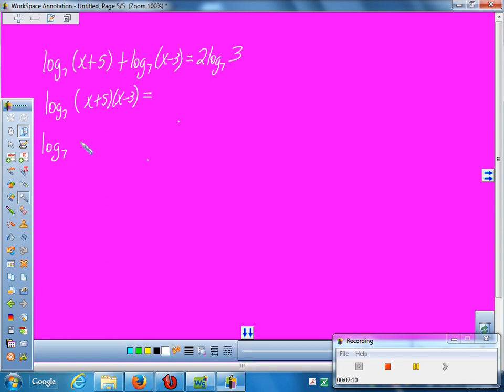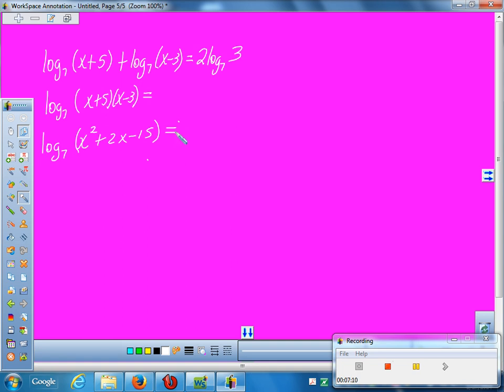Okay, can we all FOIL that now? So what's the middle term going to be? It's going to be a plus 2x and a minus 15. Okay, so left side's good. Left side's 1 log. Right side, it's really close, it's 1 log, but I can't have that 2 in front.